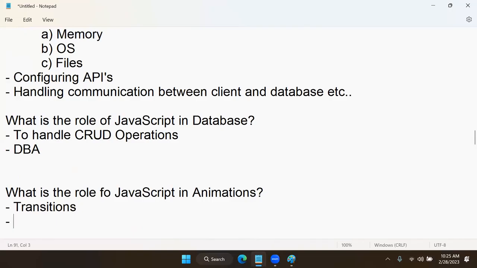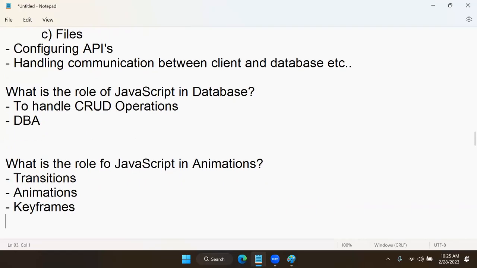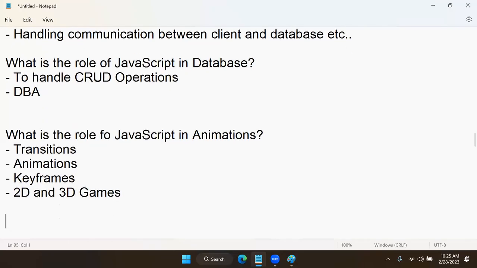In CSS you can design transitions, and JavaScript can control those transitions. You might have learned keyframes in CSS. All these are controlled and managed by JavaScript. JavaScript is also used in building 2D and 3D games. You can even build 2D, 3D games using JavaScript.